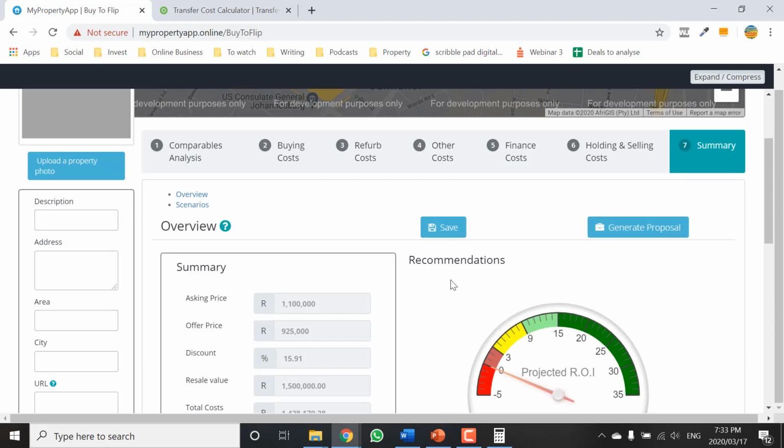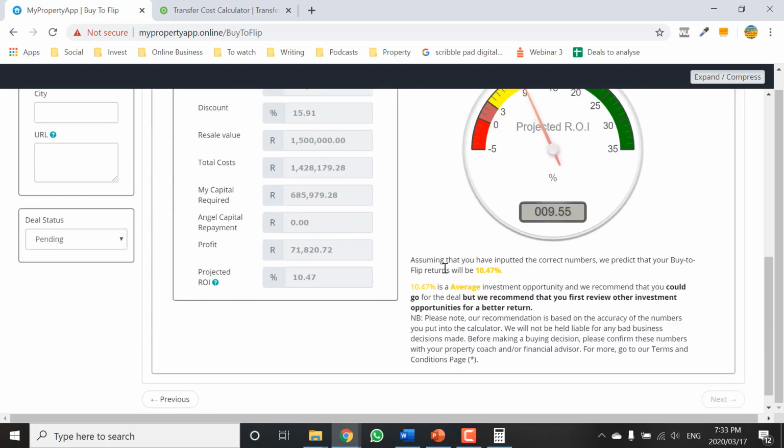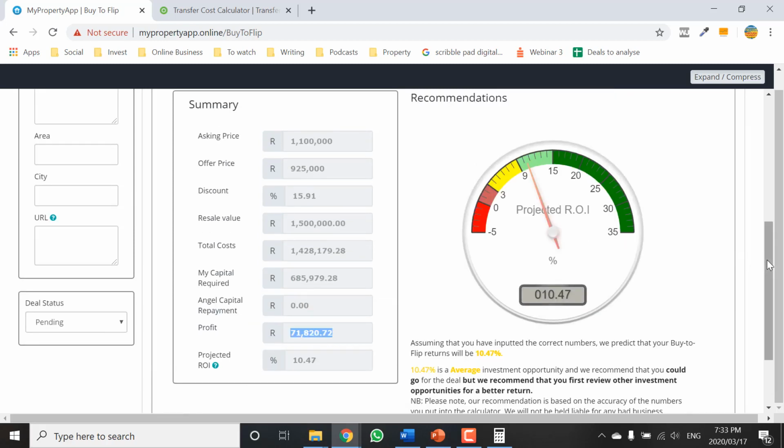Okay, let's see if this deal will make sense. So your return on investment is sitting at 10.47. Profit you're going to make is about 71,000. So asking price of 1.1, you're buying it at 925, so you're getting a nice 15% discount.